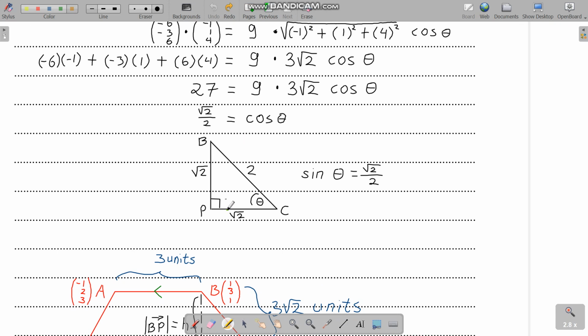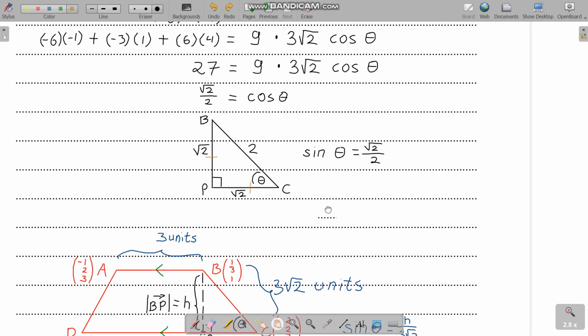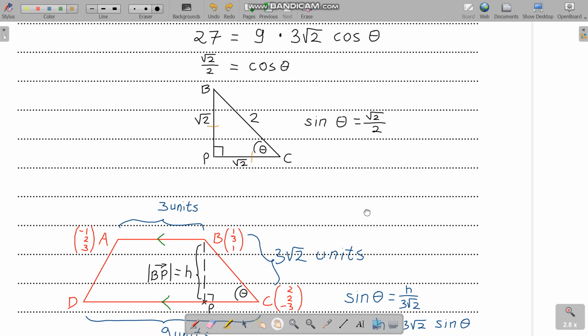Since root 2 over 2 is cos, and cos is adjacent over hypotenuse, if you use Pythagoras, we get root 2 also. Basically it's 45 degrees, it's an isosceles right angle triangle. If you're looking for sine theta, that's going to be opposite over hypotenuse, so it's also root 2 over 2. So from cos theta, we can find sine theta.